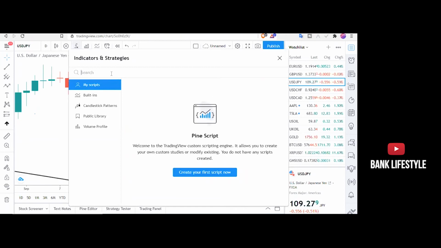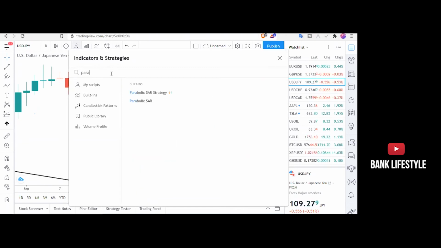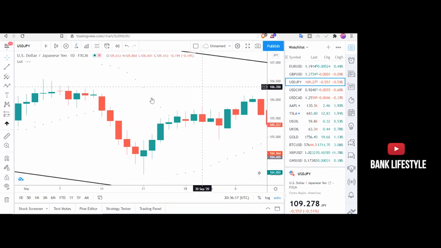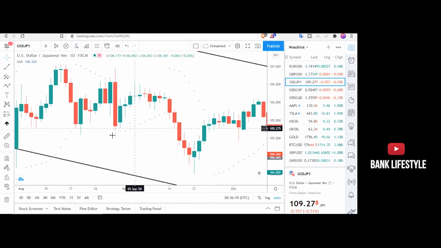So we have the parabolic SAR strategy and the parabolic. Let's choose this parabolic, that's the main one. So you can see the dotted lines over here. Let's say I can't see it clearly. Let me go into the settings.